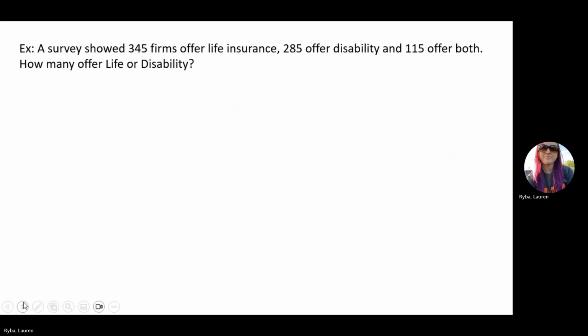All right. The point is, when you come across a word problem like this, you don't have to necessarily draw your Venn diagram. We can just use the formula. So the survey shows 345 firms offer life insurance, 285 offer disability, and 115 offer both.